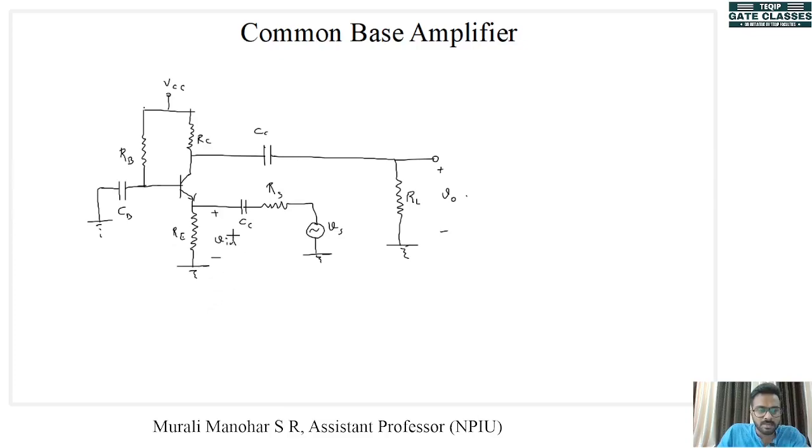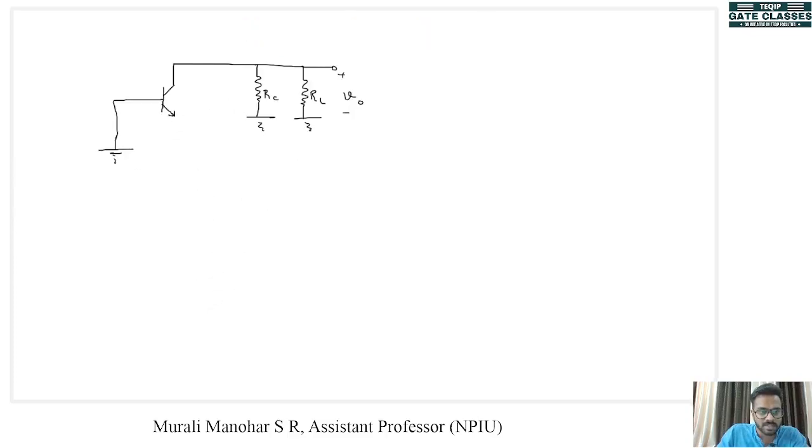Now if we look at the emitter, there is our emitter resistor, RE, and here we have RS and our signal Vs. Across this we have our Vin. Let's redraw this again. Now this can be redrawn into a circuit that looks like this.